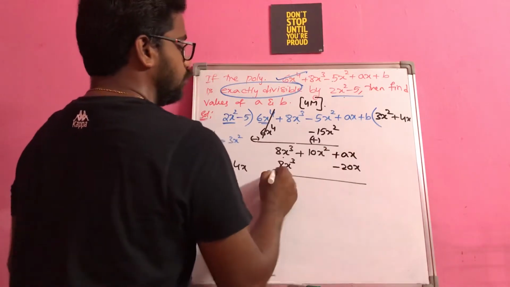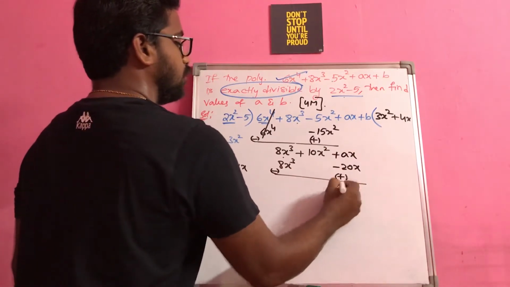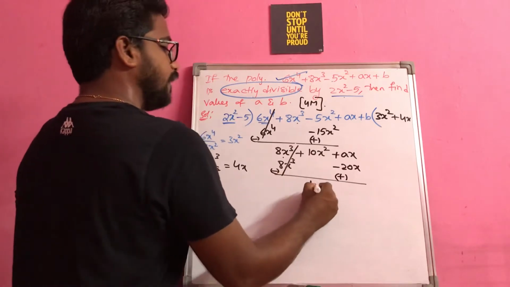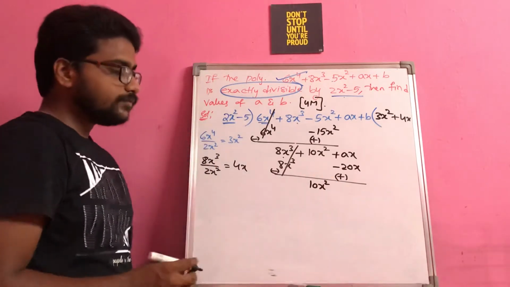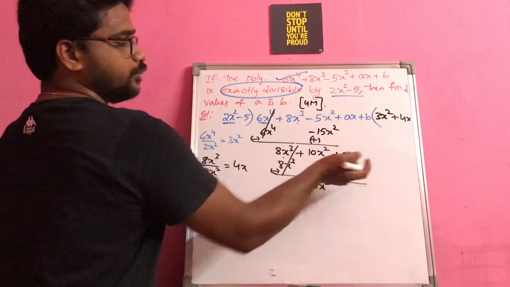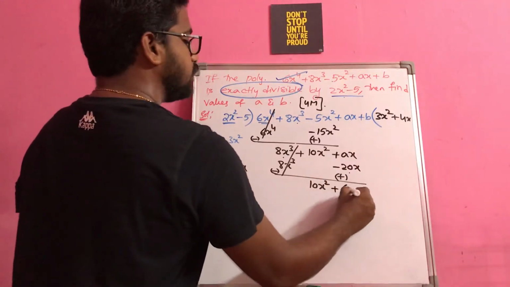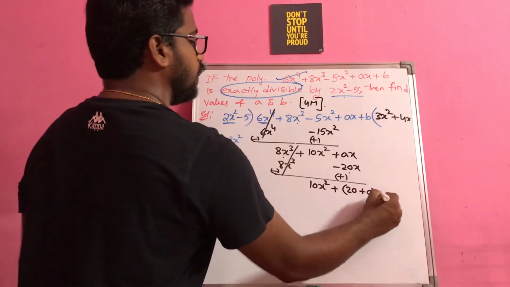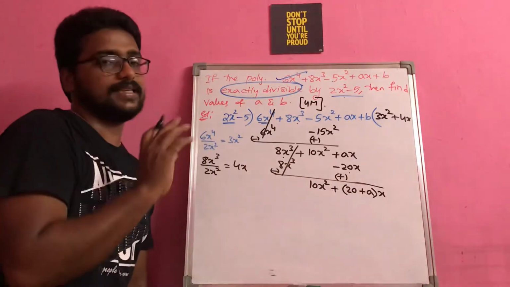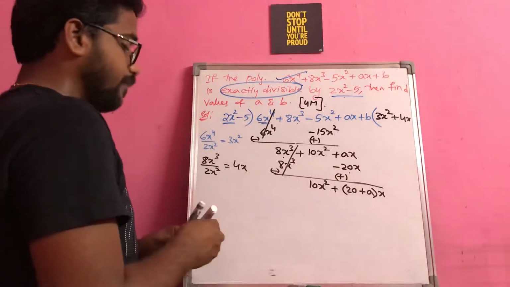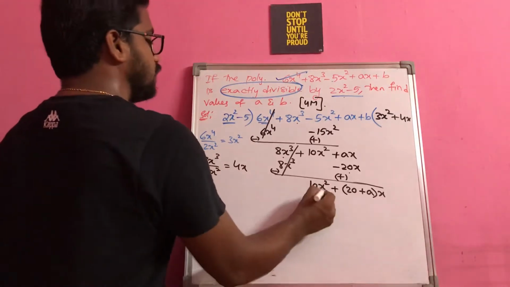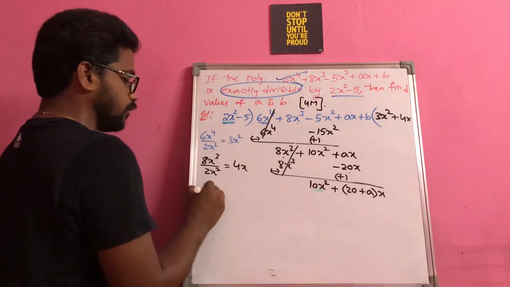Do the subtraction again, the symbols will change. You will be getting 10x square. You cannot simplify these two because this is a constant and this is a variable, so I will just write this as 20 plus a into x, taking x common here. Again, the first term here is 10x square, and the first term here is 2x square.